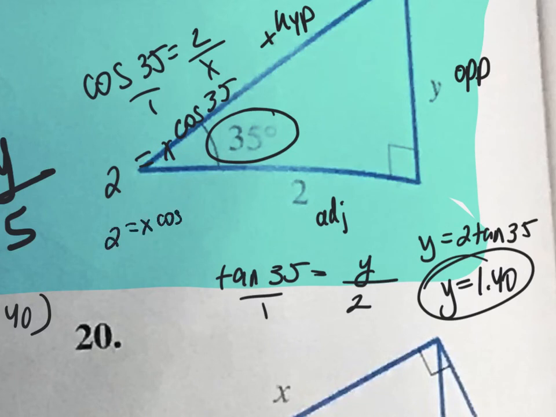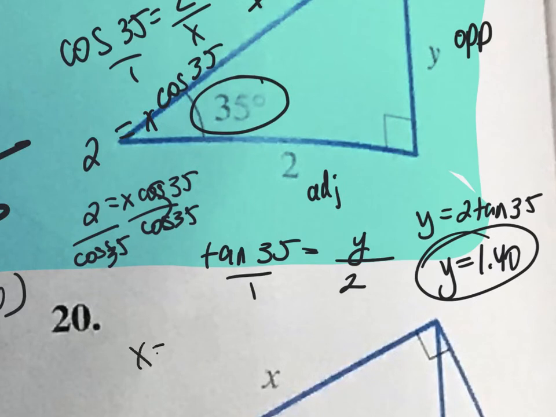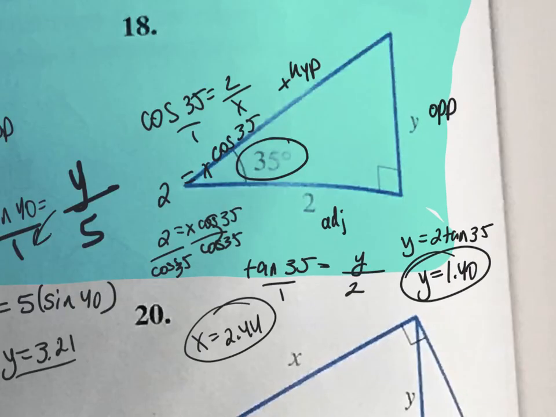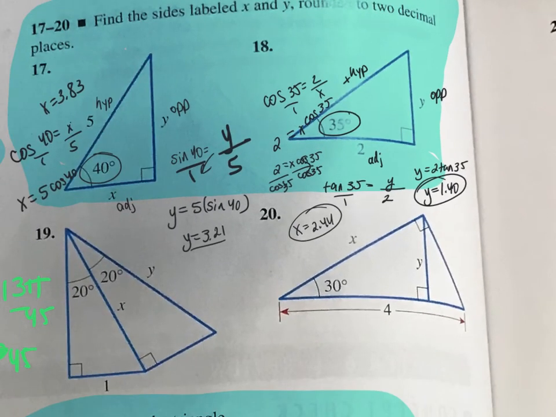Yep, divide by the cosine of 35. Cosine of 35 is just a number. It's a decimal. So instead of writing out the whole crazy long decimal, you just write cosine of 35. So in your calculator, hit 2 divided by cosine 35. What do you get? 2.44. Good. You need to be able to solve triangles, guys.